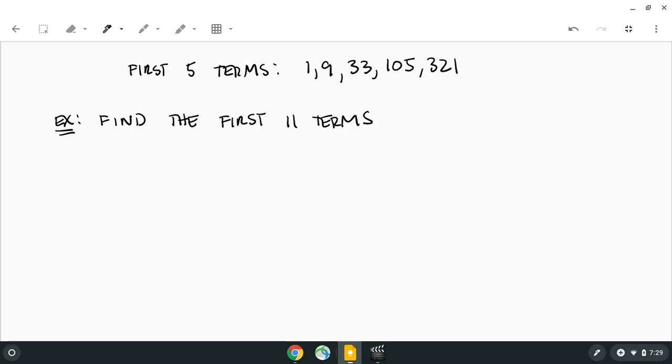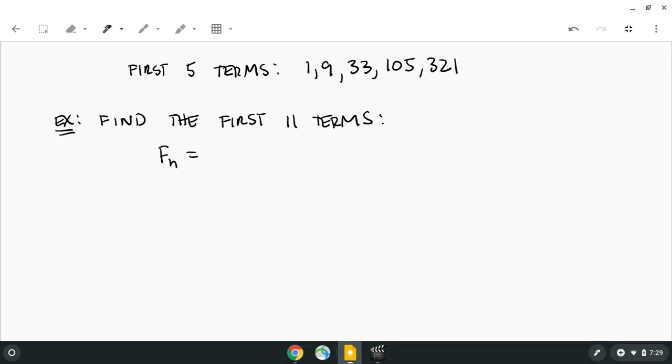And here is your formula. Since this is a special one, the Fibonacci sequence, I'll use F instead of A. F for Fibonacci. So Fn, here's your formula.